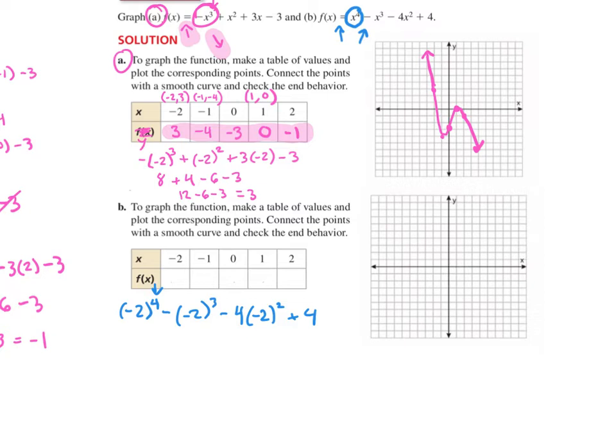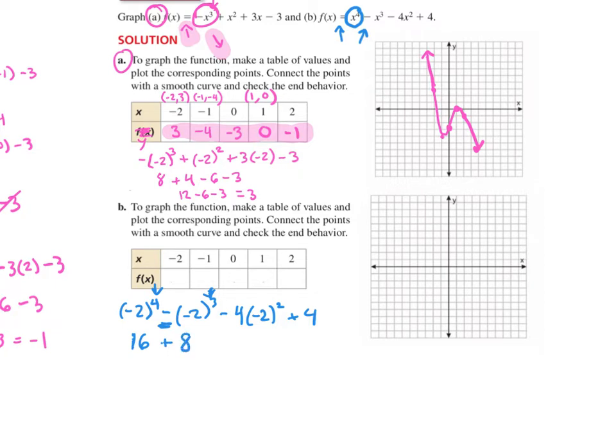So if we had -2 squared, this is -2 times -2, a negative times a negative would be a positive. So anytime your exponent is even, the number becomes positive. So -2 to the 4th power would be 16. Anytime you have an odd exponent, your number stays negative. So -2 cubed would be -8, but then we have this negative out front, which makes it a +8.